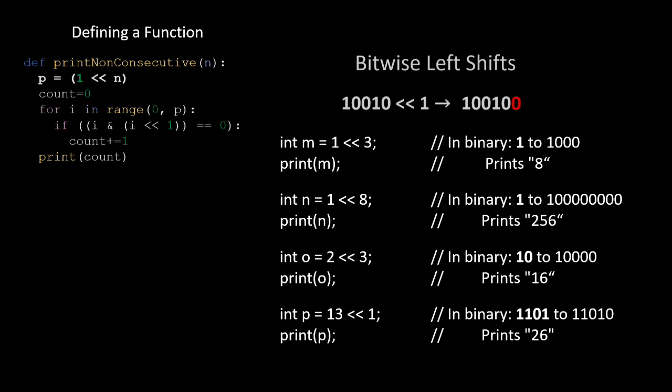This is the one we are using in our function, that is 13, shifting by one place towards left. So in binary 13 is written as 1101, and when it's shifted by one place it becomes 11010, putting a 0 at the end, making it 26 in decimals.